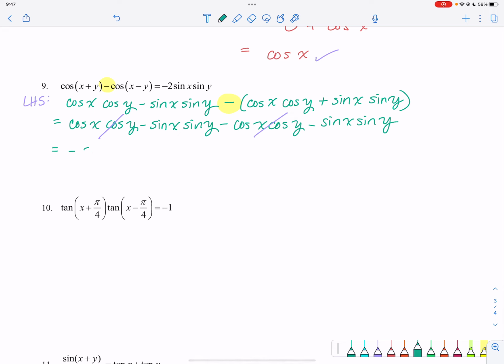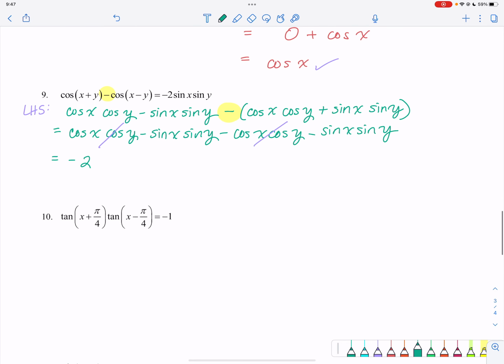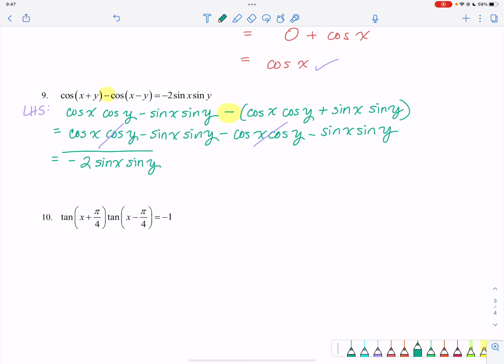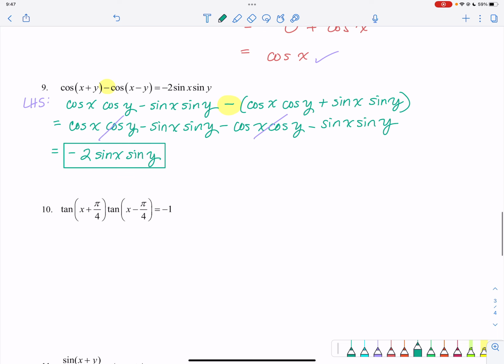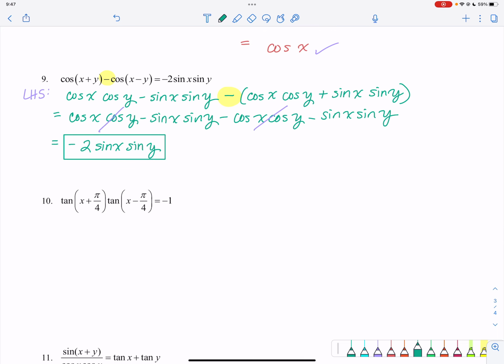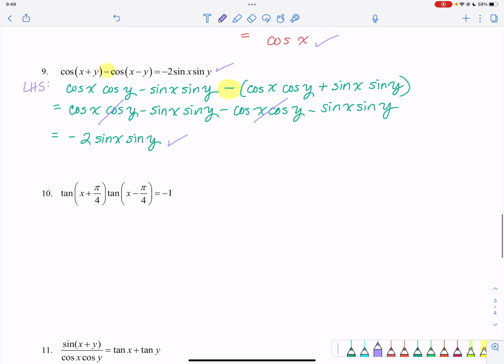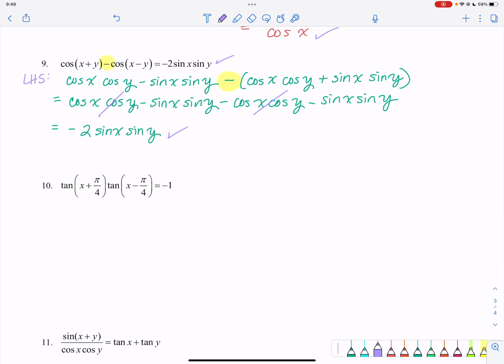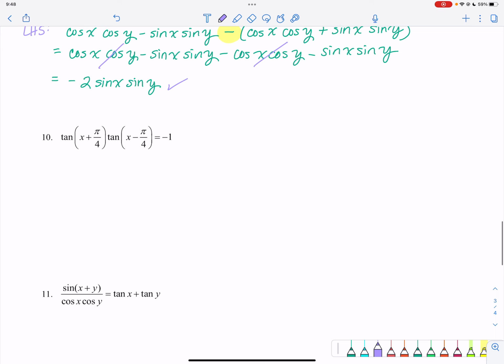So we have -2 sine of x, sine of y. And that is equal to what we have on the right-hand side. Okay, let's take a look at this number 10.